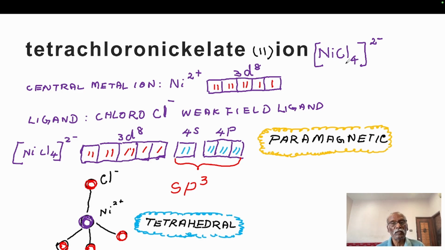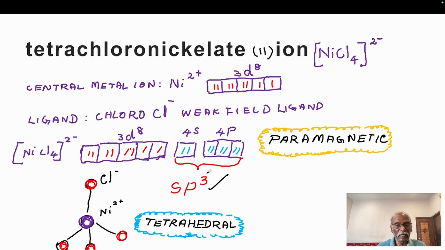These 4 chloro ions donate one pair of electrons each, and those electrons occupy the next 4 orbitals, 4s and 4p. One orbital from 4s, 3 orbitals from 4p. Thereby, all these 4 orbitals mix up together and we get sp3 hybrid orbitals.